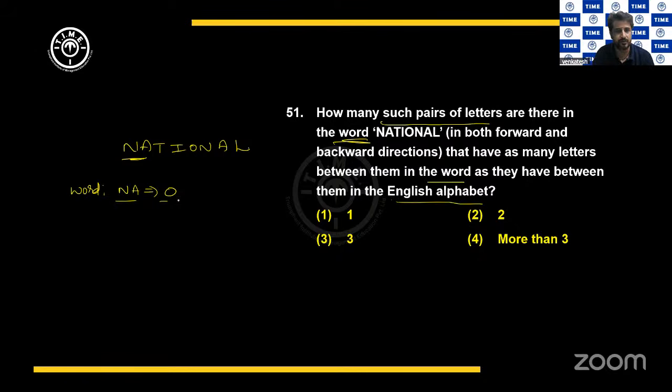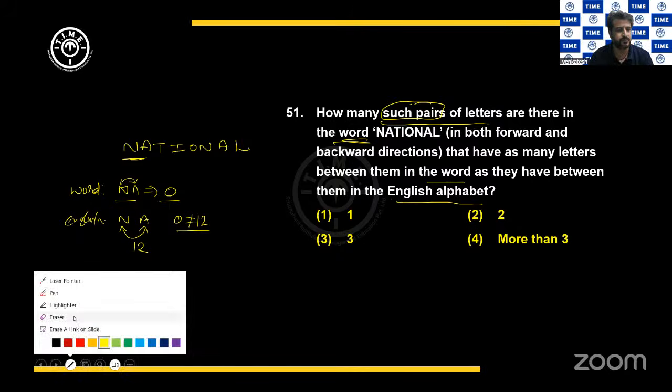So within the word, 0 letters between N and A. And in the English alphabet, between N and A, there will be 12 letters. Is it equal? 0 is not equal to 12. If it is equal, it should be considered as a pair. If it is not equal, it will not be considered as a pair. Okay, this is the meaning of the question.